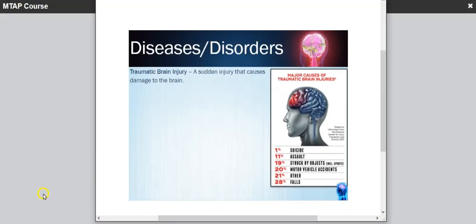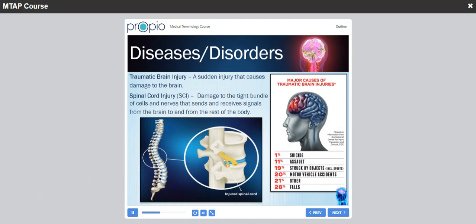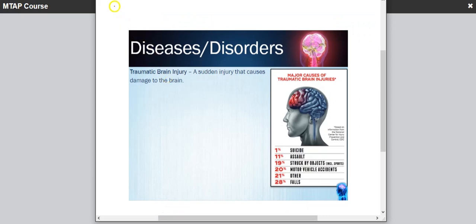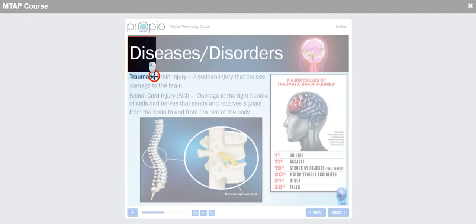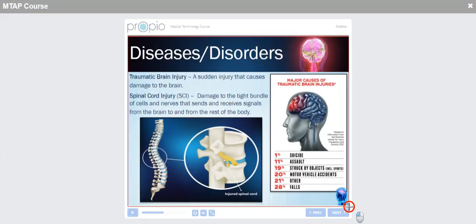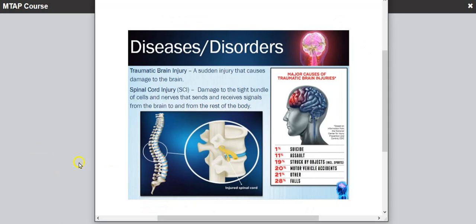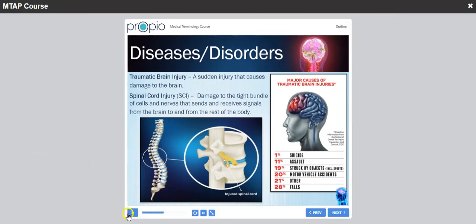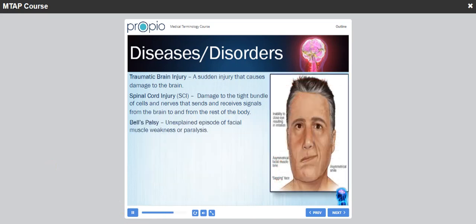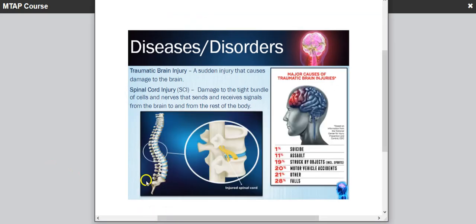Paraplegia. It's the paralysis from the waist down. Dysphagia is difficulty to swallow. Narcolepsy is a chronic sleep disorder that causes overwhelming daytime drowsiness.